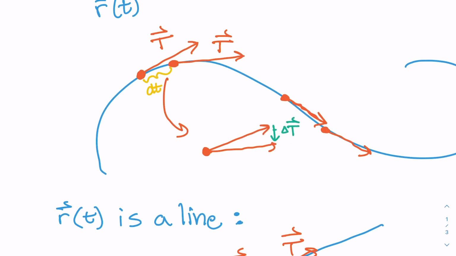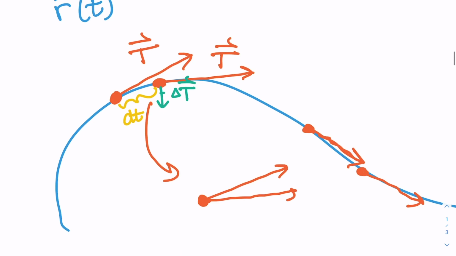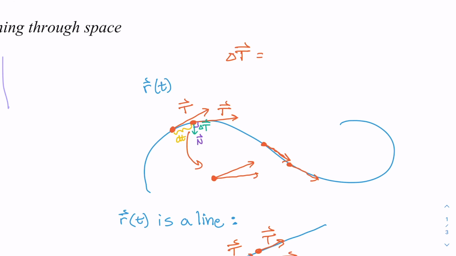And if I were to just move this change in unit tangent vector right here, the drawing's not perfect, but you can see that it shows the idea that these two are going to be orthogonal. The unit tangent vector is going to be orthogonal to the local change in the unit tangent vectors, and that would be, in this case, the unit normal vector. So let me just put that back where I had it.